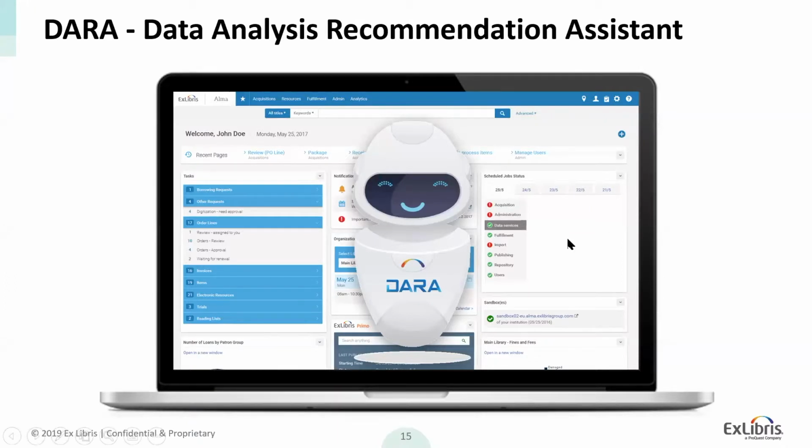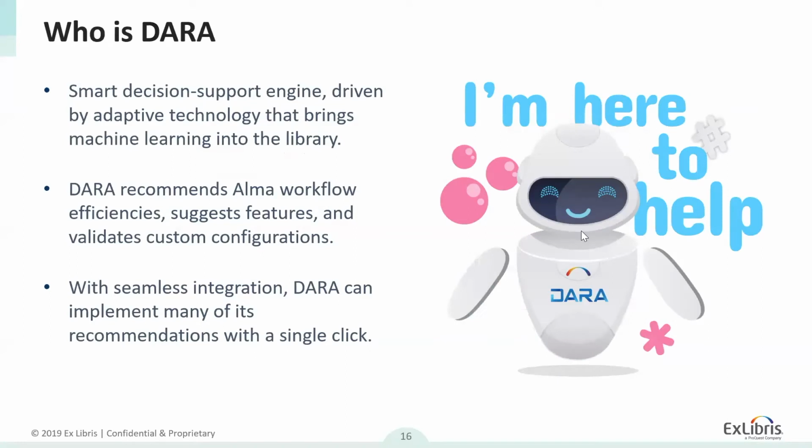So we even have a little icon for Dora because every smart AI system today has to have some kind of icon. And Dora is really a data analysis engine, which analyzes the large amounts of data that we have as our systems move into the cloud, into these software as a service type systems.